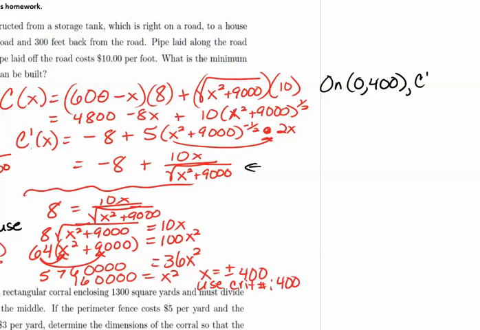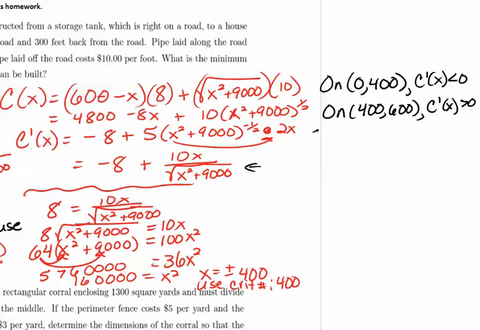So C prime of x is going to be negative. And then on the interval from 400 to 600, C prime of x, if we pick a number like 500, we can see that now the positive term is going to be larger than 8. So now our C prime will be greater than 0.